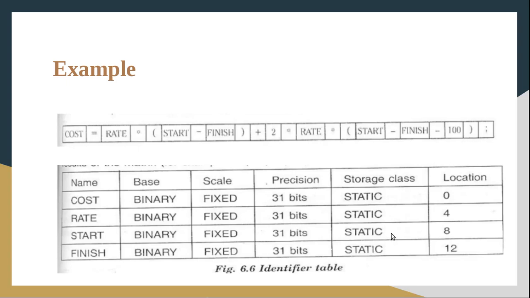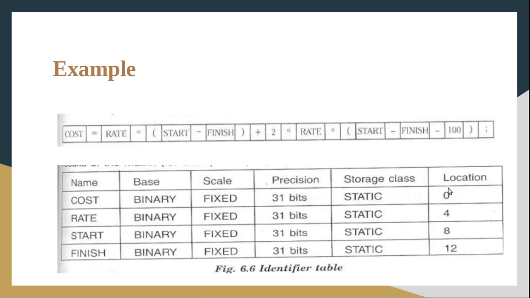Then in storage assignment, it will add the storage-related information, that is storage class and location. So here all the variables are declared as static storage class. Then the location means where we are going to store our variables or identifiers.